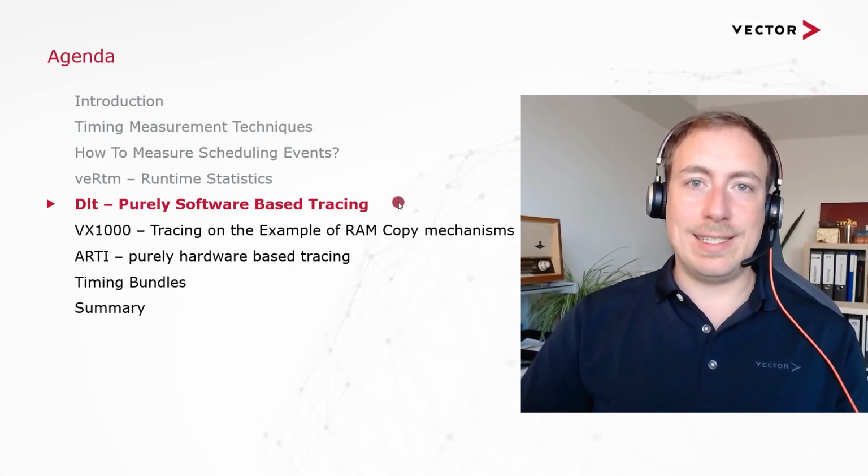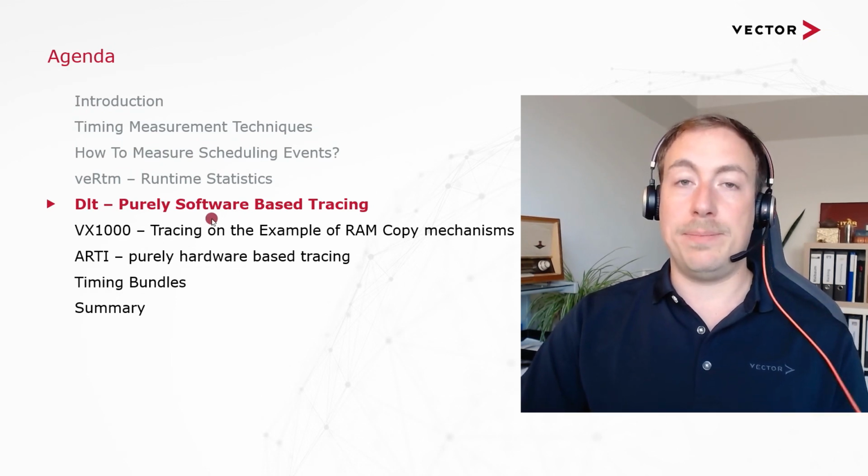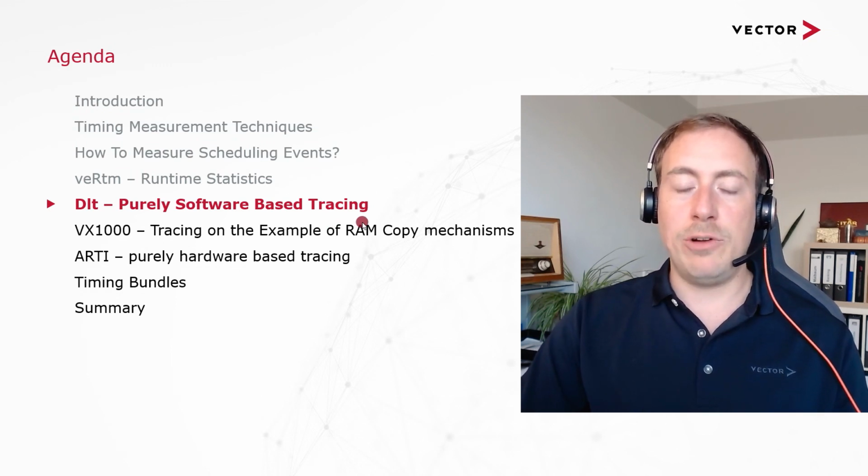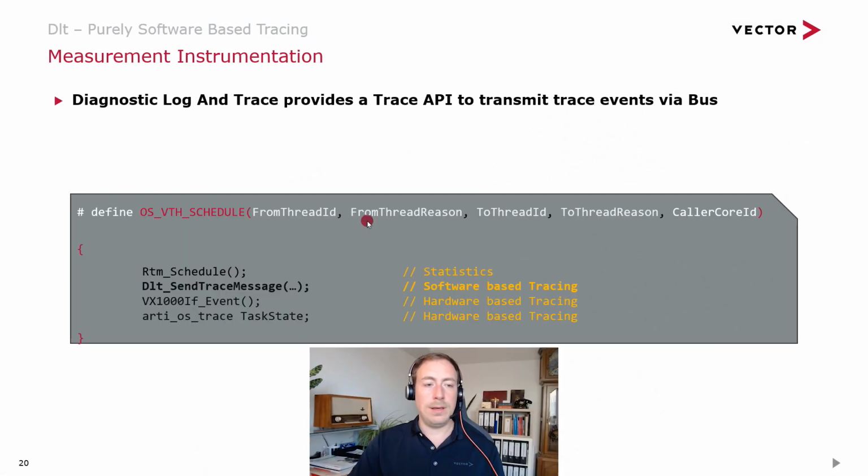If we want to get these details, like the scheduling trace details, we can use a purely software-based trace mechanism if we, for example, don't have an emulation device controller. This would be by AUTOSAR protocol, the DLT, Diagnostic Log and Trace Protocol, which provides this send trace message API in order to forward the scheduling information of our OS into an Ethernet PDU, for example.